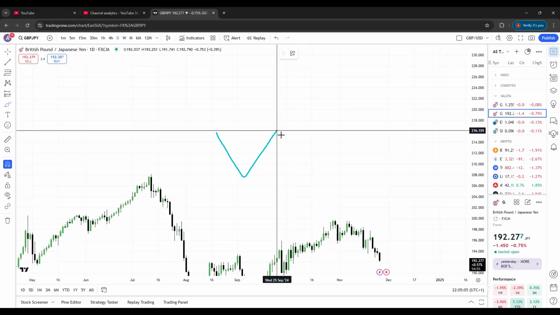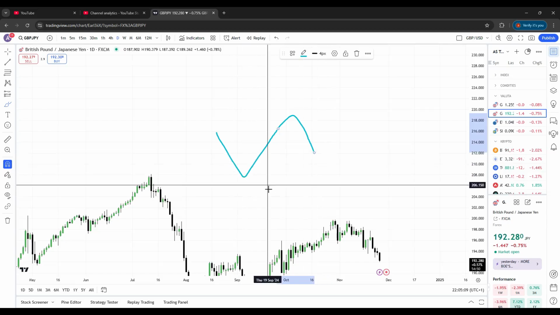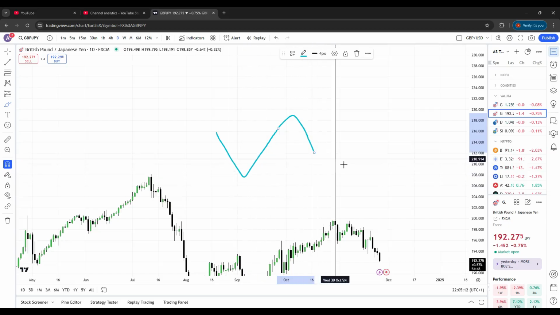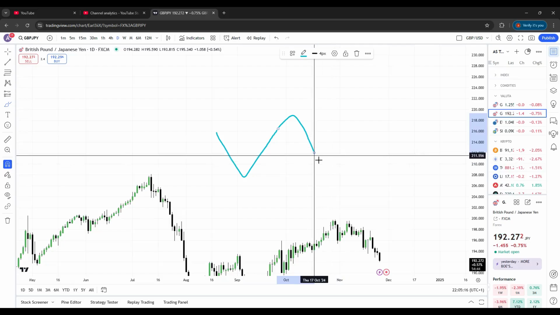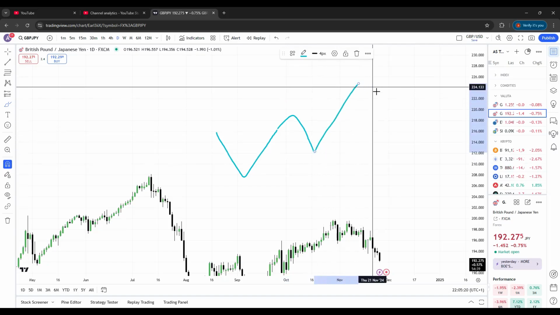And the reason why market makers do not enter right here instead of right there is because, as I just said, they won't be able to fill all their large orders. There's only that amount of people that sell at the same time.